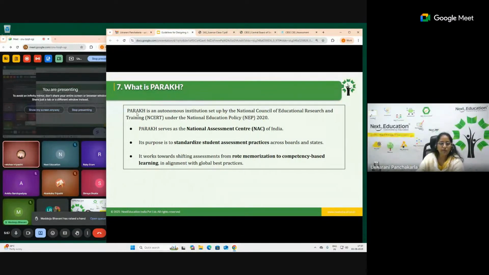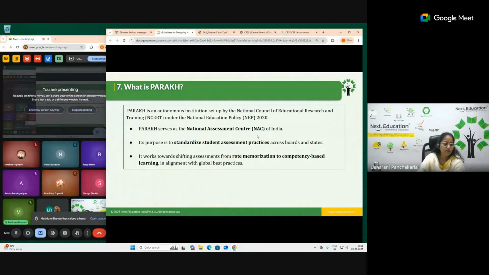So here, PARAKH is an autonomous institution set up by the NCERT under the NEP 2020 policy, and it serves as the NAC, the National Assessment Centre of India. It gives all the guidelines, the philosophies, etc., and does research as well. Everyone knows the difference between CBSE and NCERT, I hope.